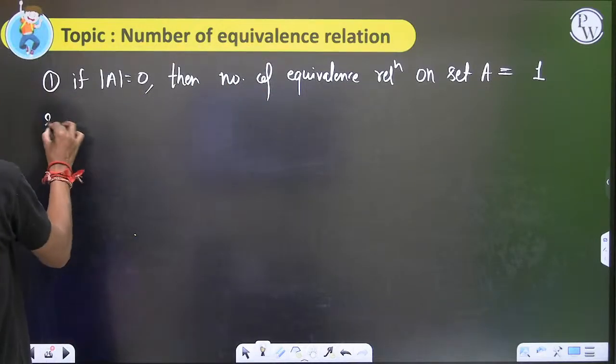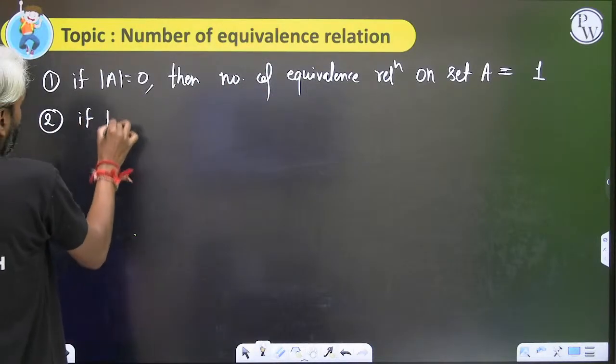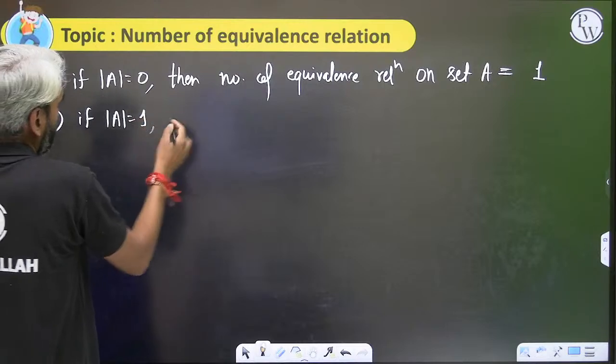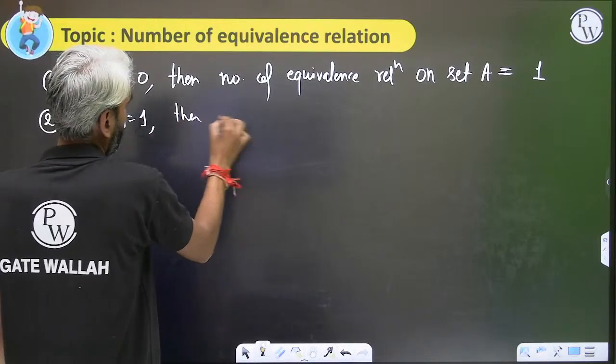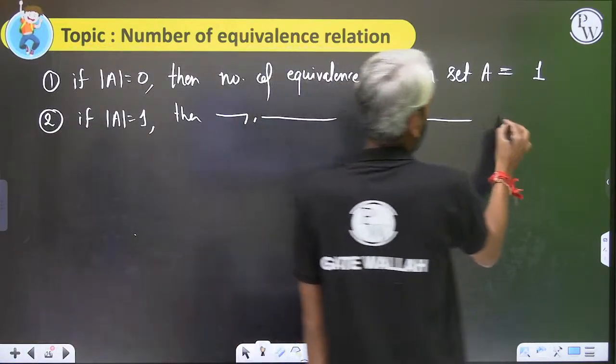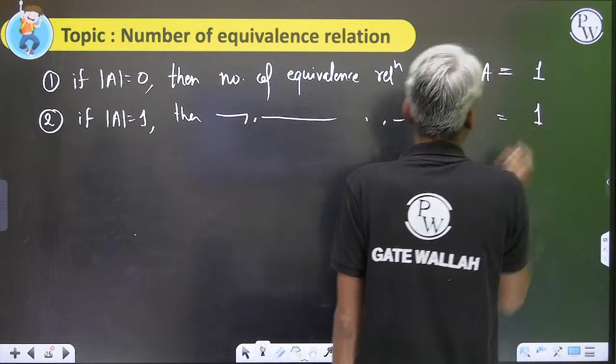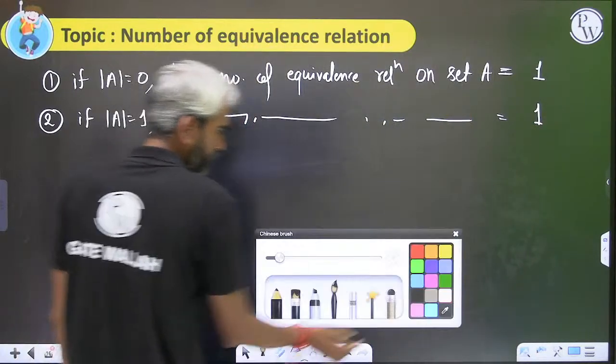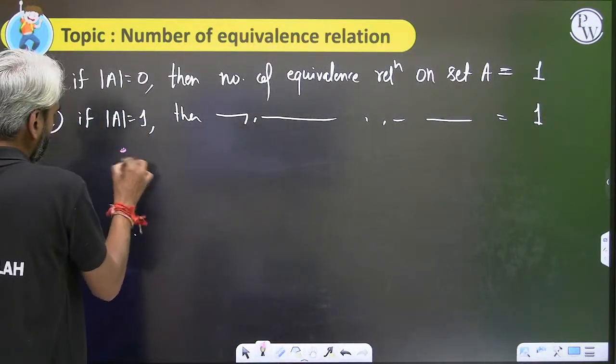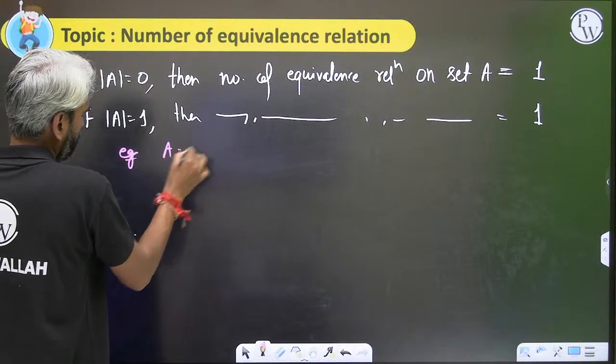Second, if |A| equals 1, then the number of equivalences on set A will also be 1. Sir, if you need an example, then I can give the example. So A equals {a}.